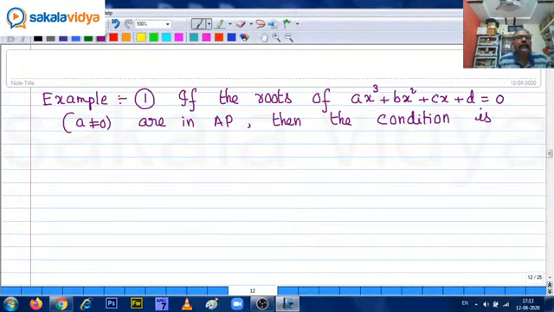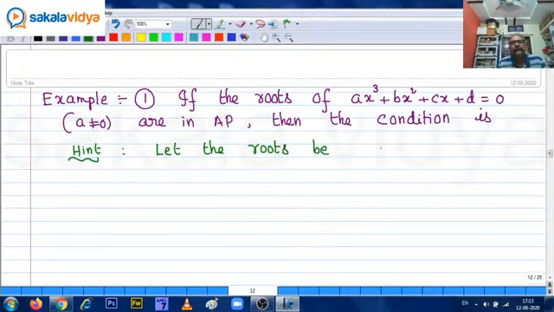Okay, let us proceed for the hint now. What is the hint? Let the roots be alpha minus beta, alpha, alpha plus beta.